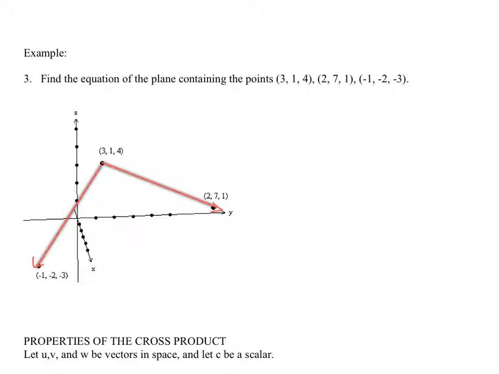Personally, I like to name my points to keep it organized, so I'll call this one P, this one Q, and this one R. Now the points are listed up here, but it's better to do it based off the diagram, because then it's pretty obvious that I'm looking for vector PR and vector PQ.